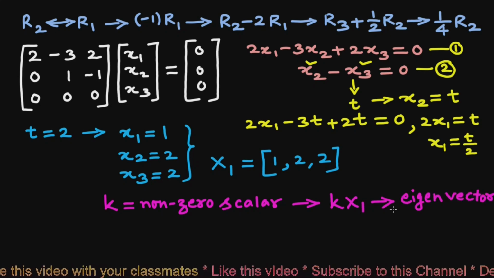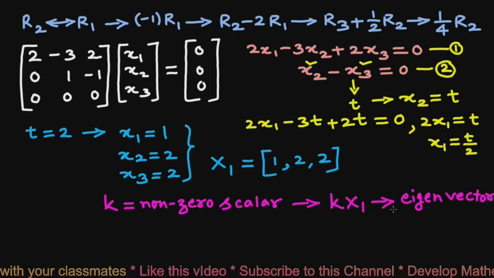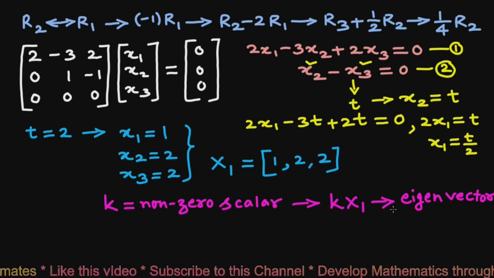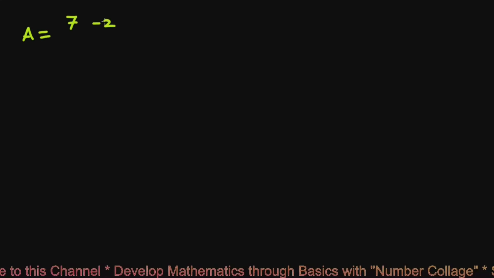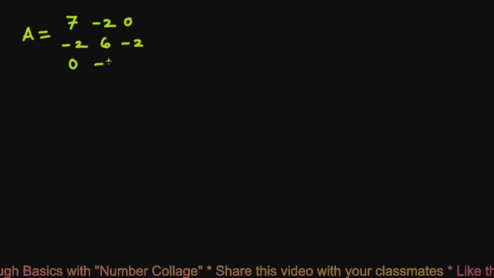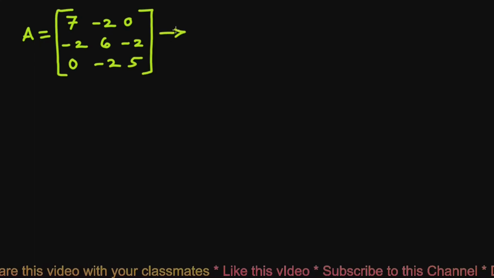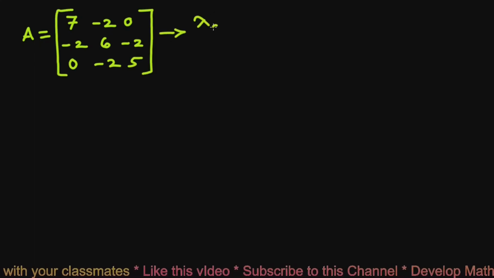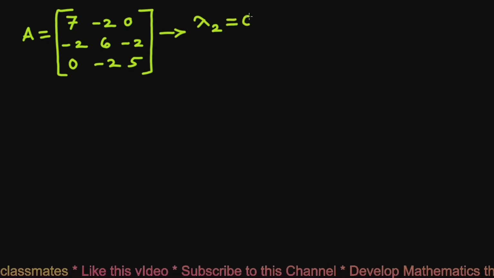Next, we will find the eigenvector corresponding to the second eigenvalue 6. Rewriting matrix A for reference, A equals [7 -2 0; -2 6 -2; 0 -2 5]. Let us find the eigenvector for the second eigenvalue lambda 2 equals 6.